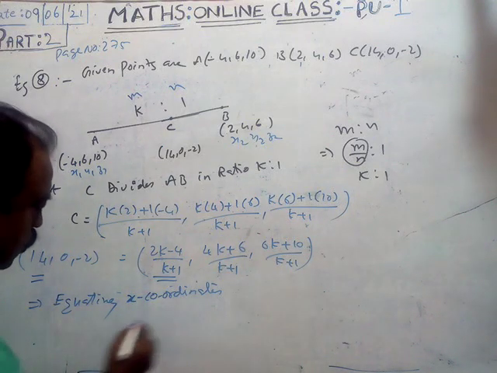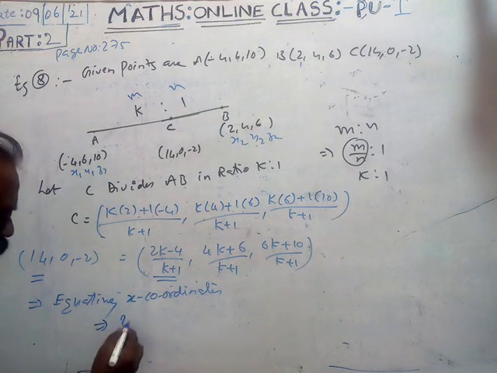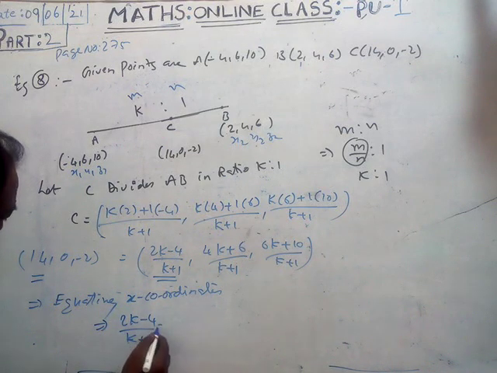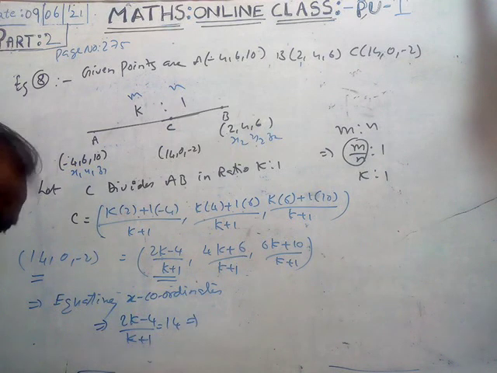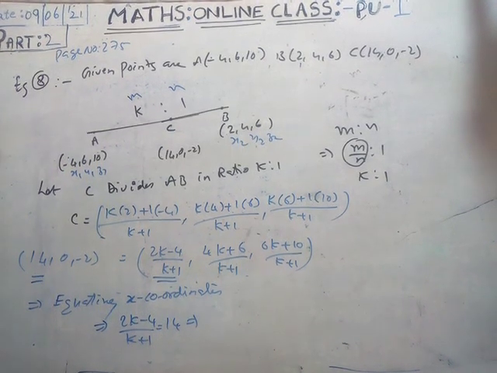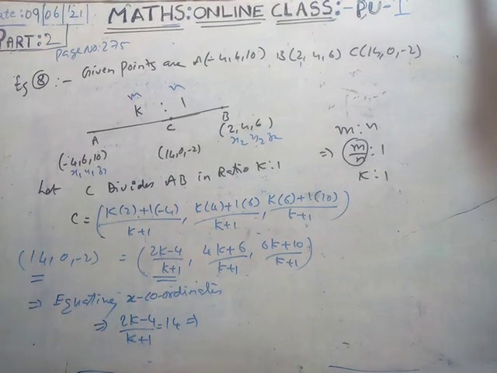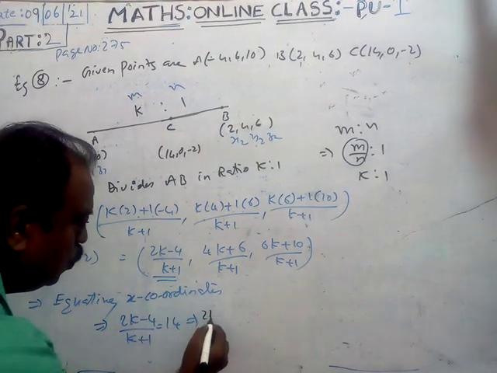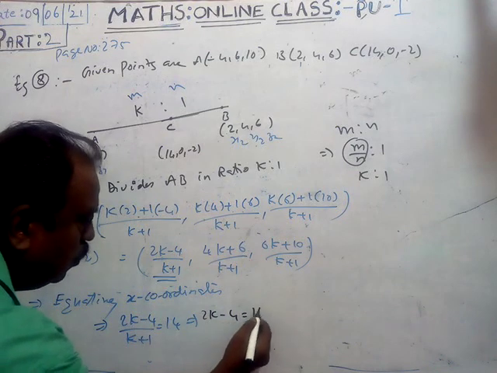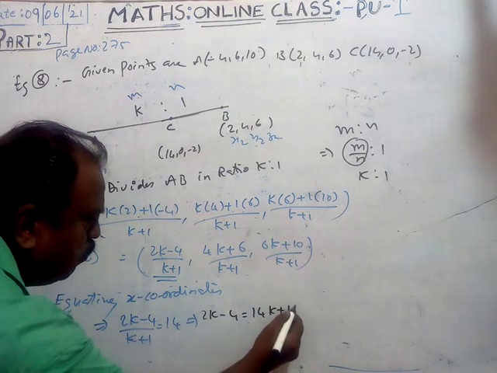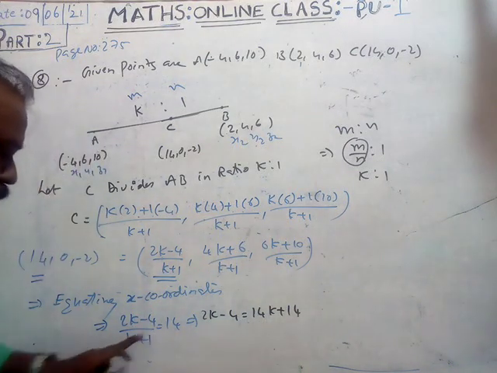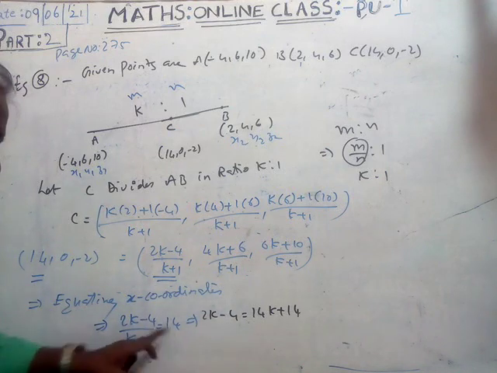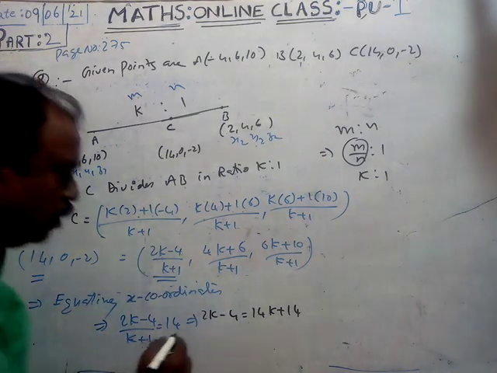That implies 2k minus 4 by k plus 1 is nothing but 14. That implies 2k minus 4 is equal to 14 of k plus 1, 14k plus 14.